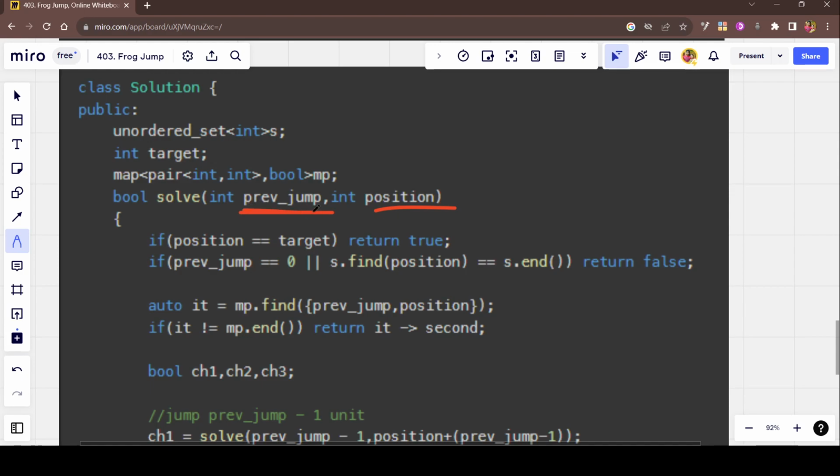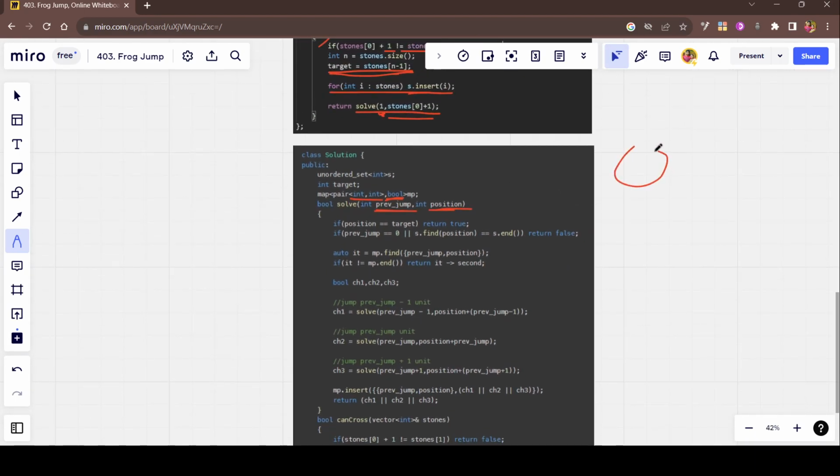I have to take care of that, and store the result, which is bool, inside that map, so that whenever I face a state that is already calculated, I don't have to go deeper down, because I already solved that problem. From the map I can return its result.